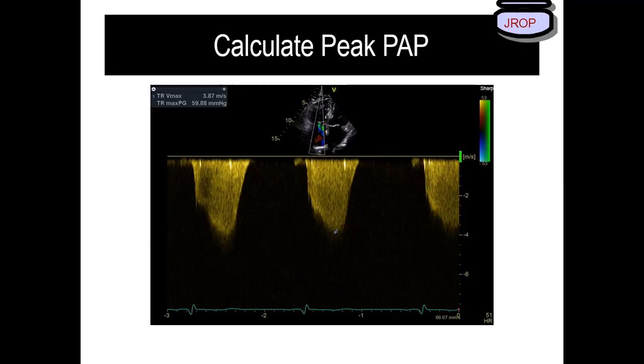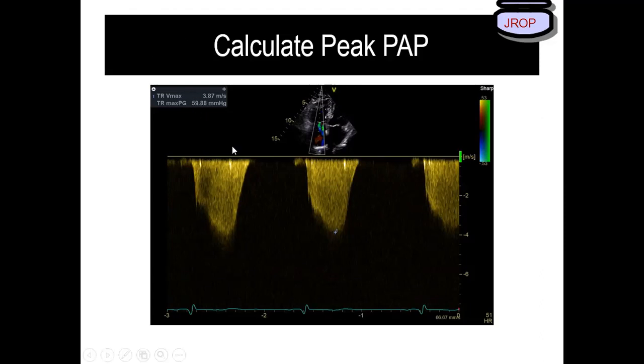Yes, sir. Tell me how to calculate peak pulmonary artery pressure from this. Last few questions, and then we will stop. So 4V squared, the gradient which we are getting, 4 times 59 squared. 4V squared, this is already squared, beta. Plus adding right atrial pressure.